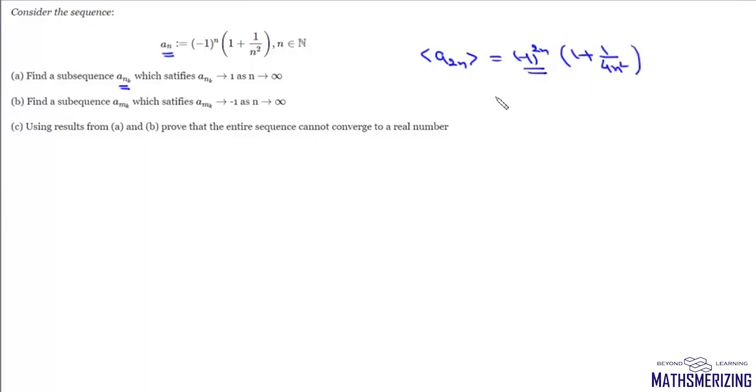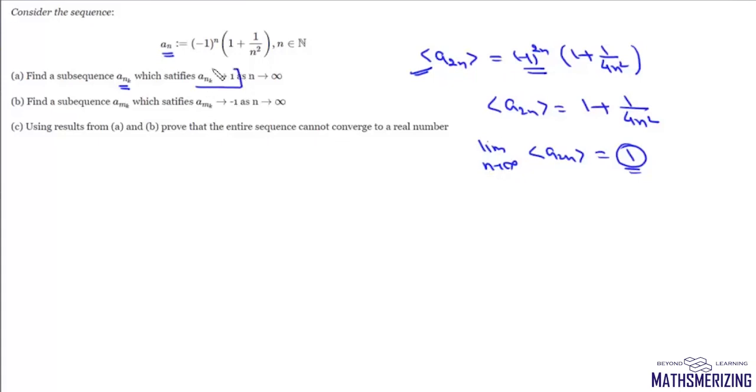Now this is 1, so we can write a2n equals 1 plus 1 upon 4n square. Now we take this limit, n tends to infinite, a2n, this value is 1. So this is an example of a subsequence which satisfies ank, it approaches 1.